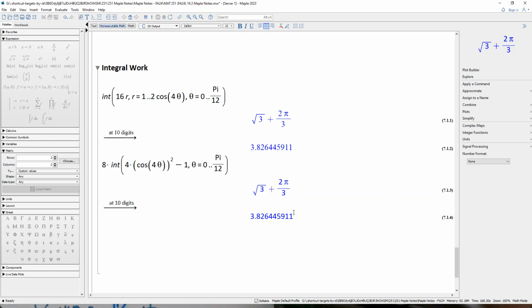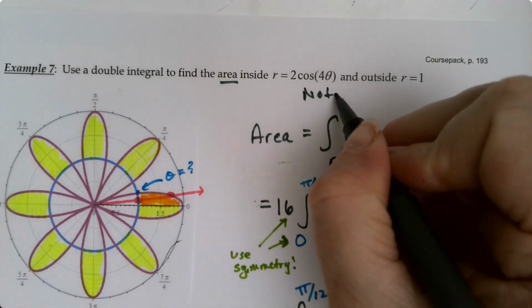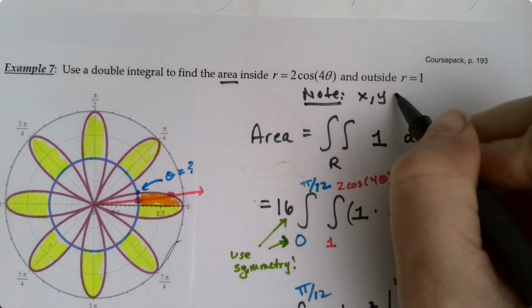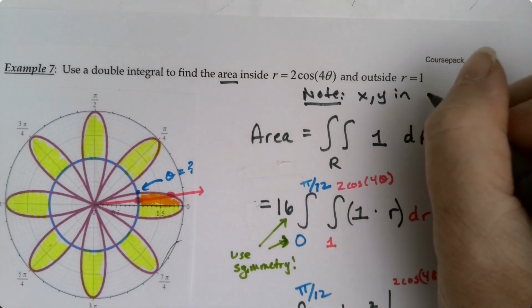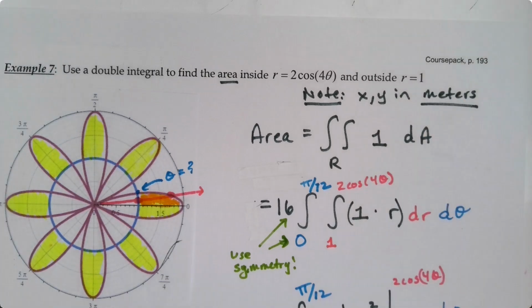All right, so this actually equals exactly square root of 3 plus 2 pi over 3, or it's approximately 3.826. Now, don't lose sight of the fact this was area. So if we knew, let's just note x, y in, I don't know, meters, just for the fun of it.